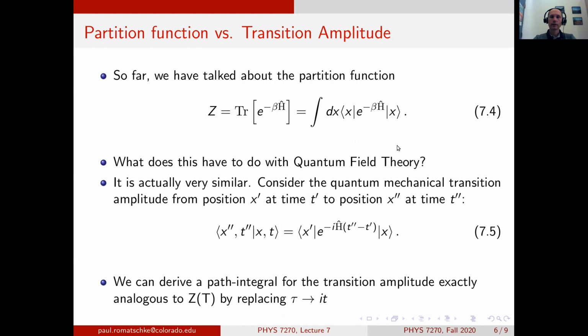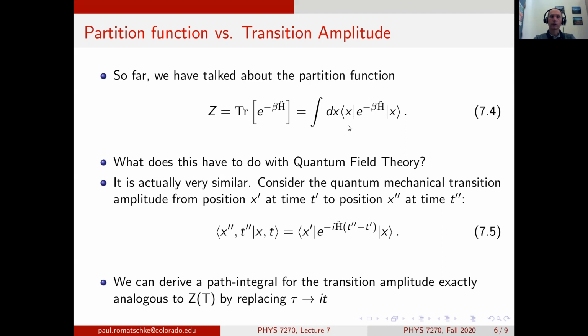Also note that for the transition amplitude, we have a different position state on the left and the right, whereas for the partition function, we had the same state x on both sides of the matrix element. So we'll have to change these differences.